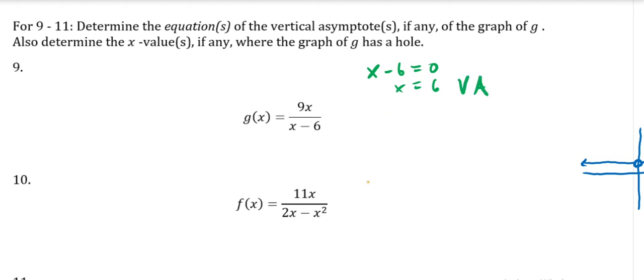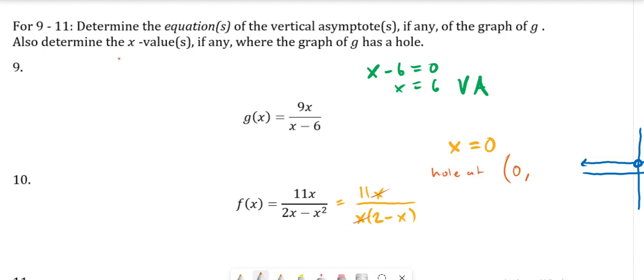The next problem, we would like to factor this denominator and get 11x over x times 2 minus x. Here we can see we have two places where the denominator is divided by 0. We're going to have one issue at x equals 0, but there's cancellation that goes on there. This cancellation is complete. There's no other x terms anywhere in the top or in the bottom. And what we're going to wind up with then is a hole.